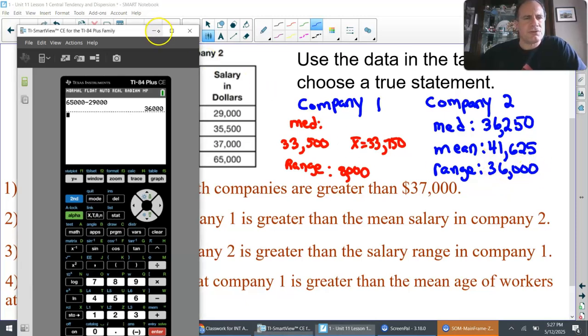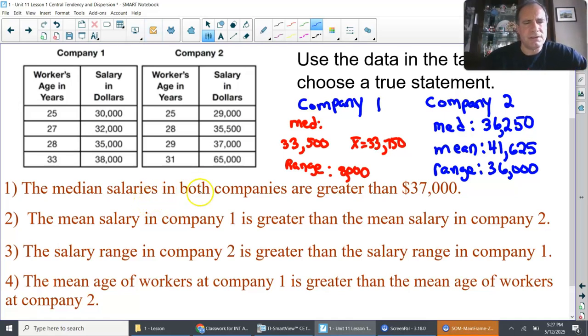All right. Which one is true? Now we have all of the information. So the median in both companies is greater than 37,000. Company 1 is not greater than 37,000. That's out. The mean salary in company 1, the mean is 33,750.